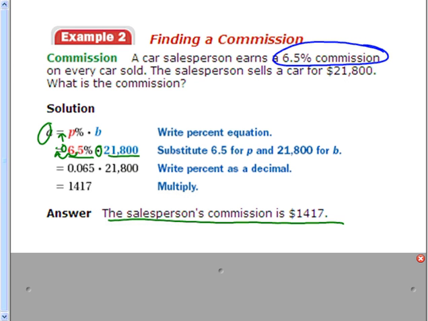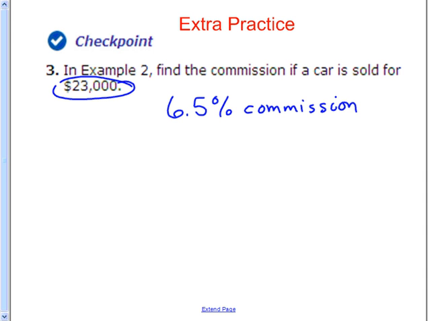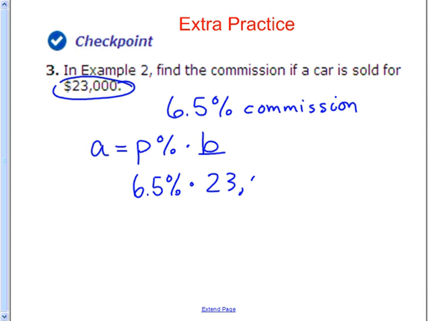6.5% commission. And I'm selling a car for $23,000. All right, so again, starting out with my percent equation, A equals P percent times B. I know the percent is 6.5%, and I know the base, the whole price of the car, was $23,000.